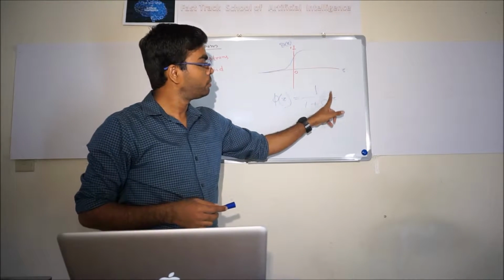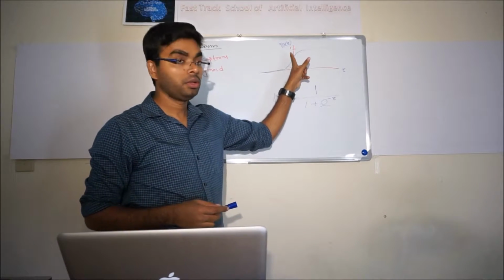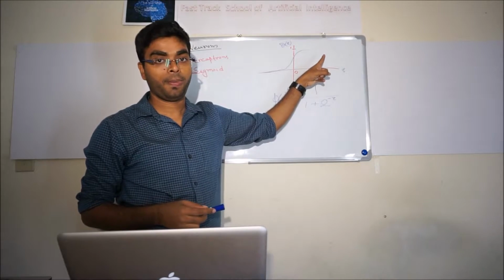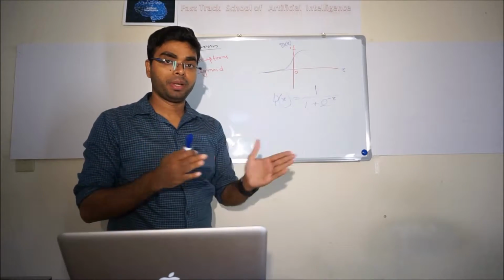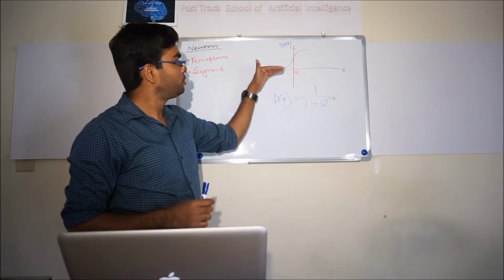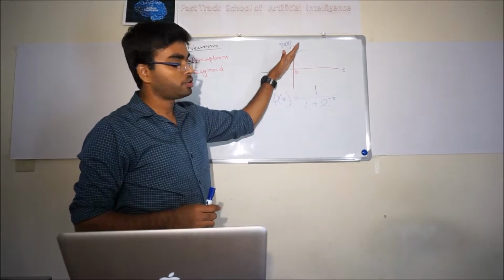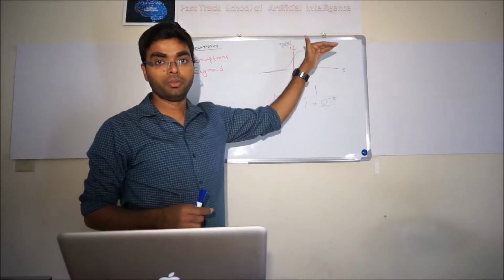And if it moves toward positive, you will have a max value of 1, and close to 0 plus or minus a little bit of shift, it will have a smooth ride toward 1.